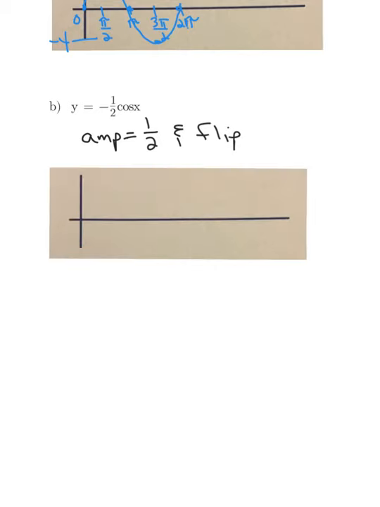Since we are doing a cosine function, our x-coordinates, or the horizontal coordinates, are staying as 0, pi over 2, pi, 3 pi over 2, and 2 pi. The high and the low numbers, instead of being 1s like the basic graph, are 1/2s.